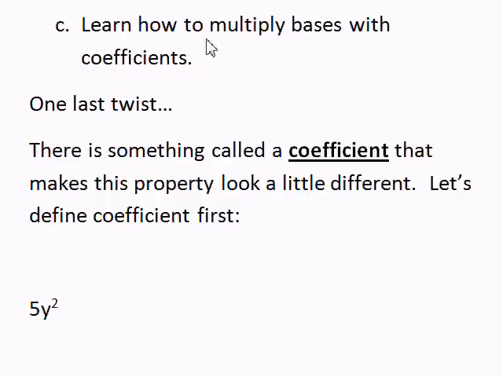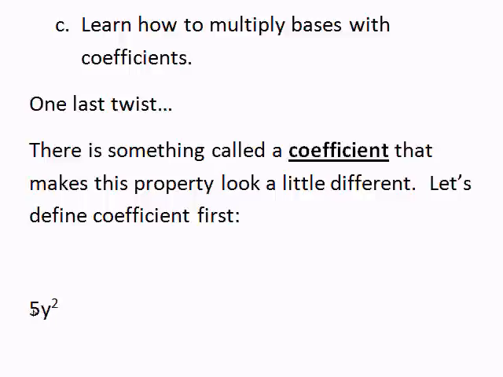Okay, now we're going to learn how to multiply bases with coefficients. Ooh, that's a different word. Coefficient. There's something called a coefficient that makes this property look a little different. Let's define coefficient through an example. We have a 5, we have a y, and we have a squared. The 5 is that number in front of the y.